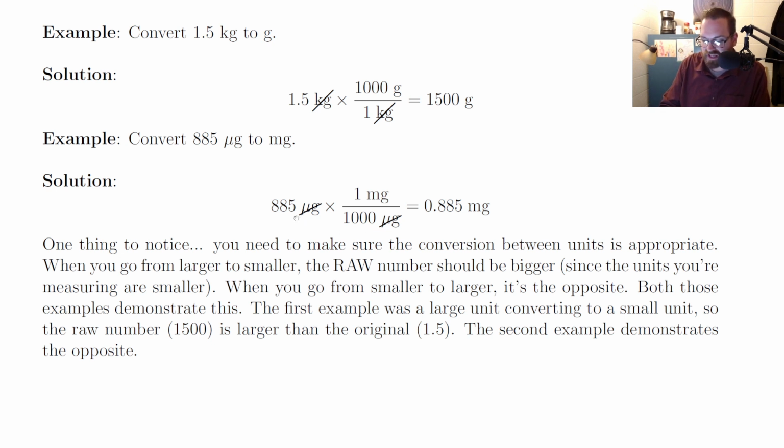In this case, we're technically going backwards 1, 2, 3 units, and we get a smaller number, 0.885 milligrams. I explain that here in this sentence if you want to read it. But I'm going to jump into a few examples and just do it up.